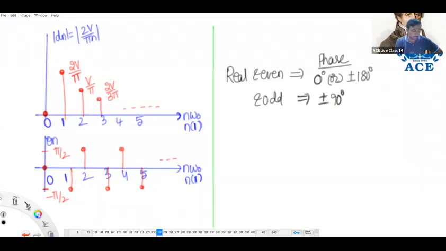Wherever you draw the phase spectrum, this concept will never change. You can cross check 100 times. Even function means 0 or 180. Odd signal means plus or minus 90 degrees.